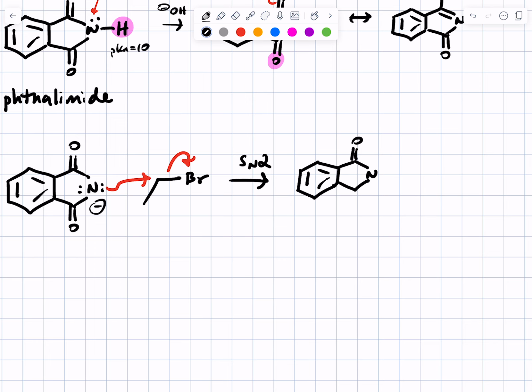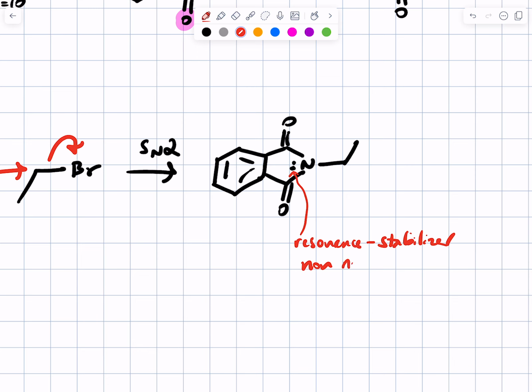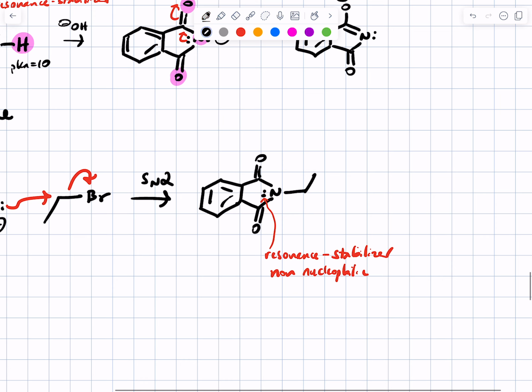Once you've done that, though, the lone pair that remains on the nitrogen is still resonance stabilized, and it's not nucleophilic because of that. So once we get here, there is no danger of over-alkylation.